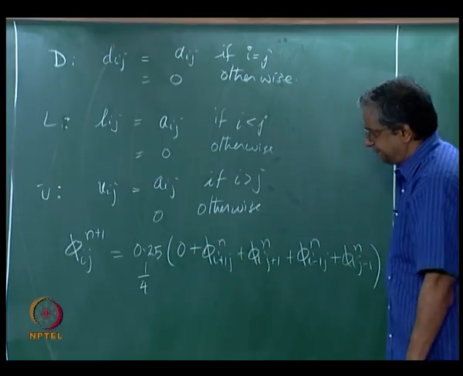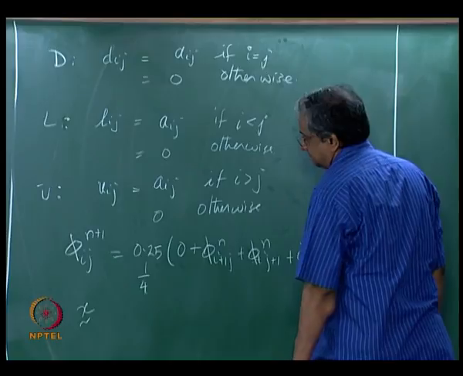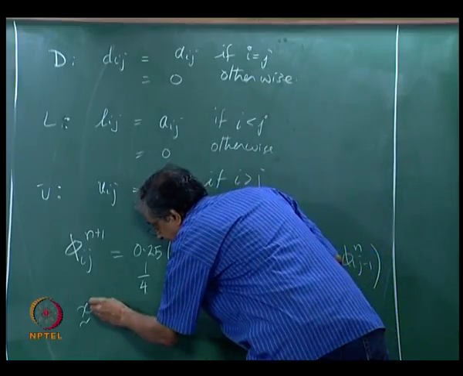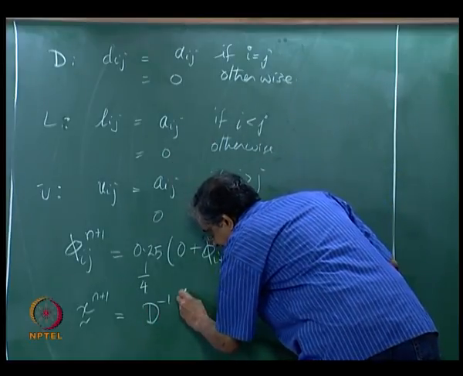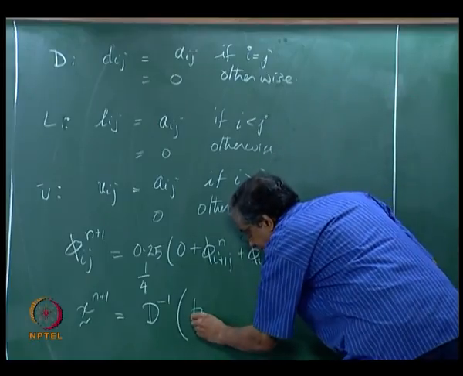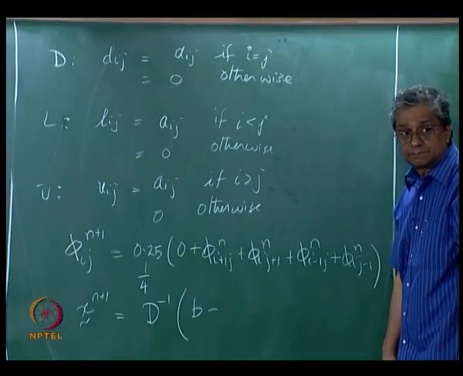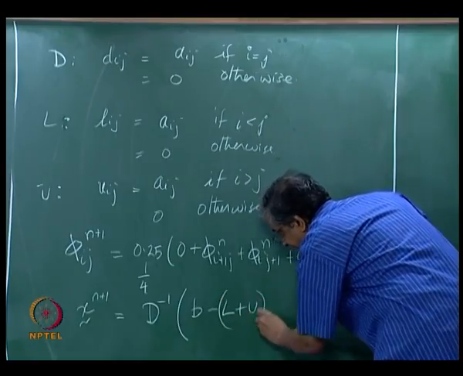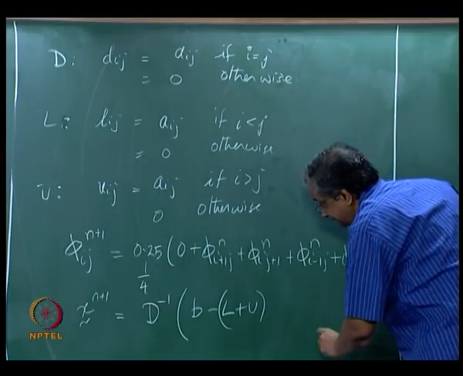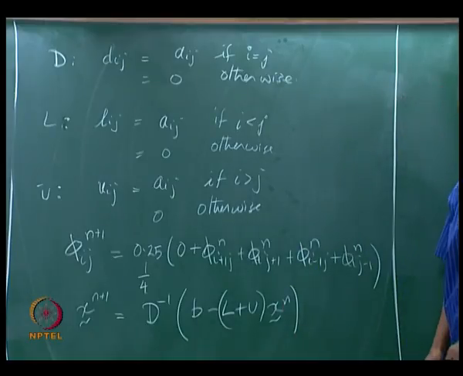So looking at this by inspection, I say that my x at n plus 1 is D inverse times B minus L plus U times x at n. Is that fine? Everybody?